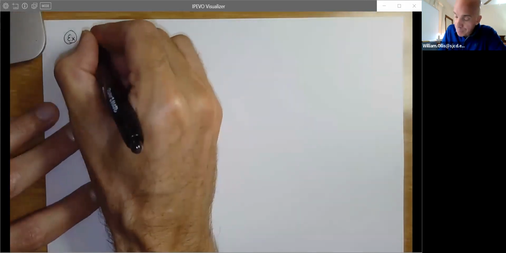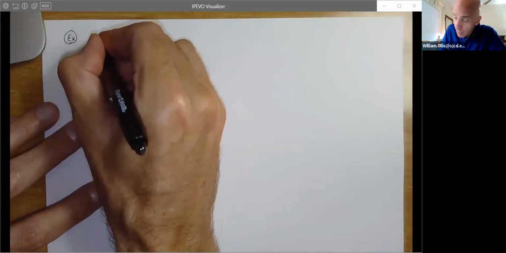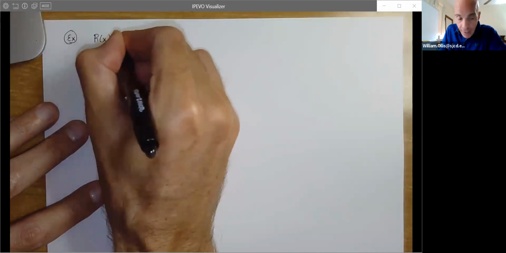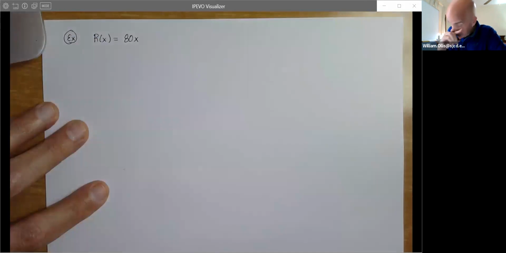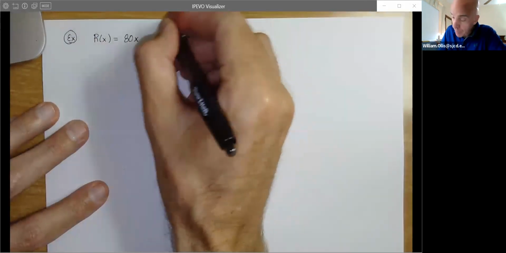So we'll say R of X equals, and we'll just use some factoring and symbolic calculation, which is good to do.